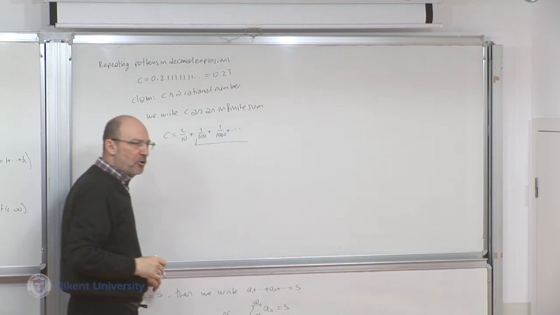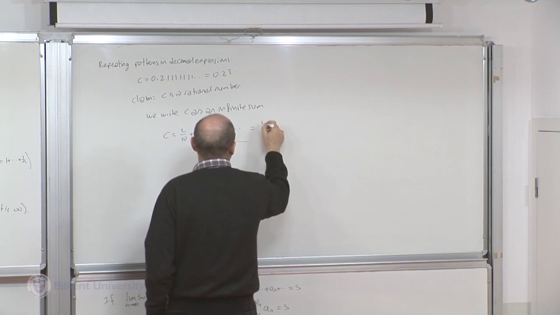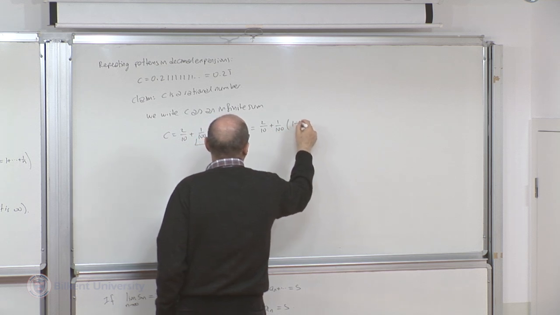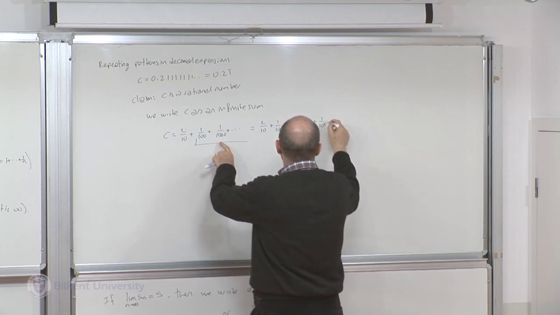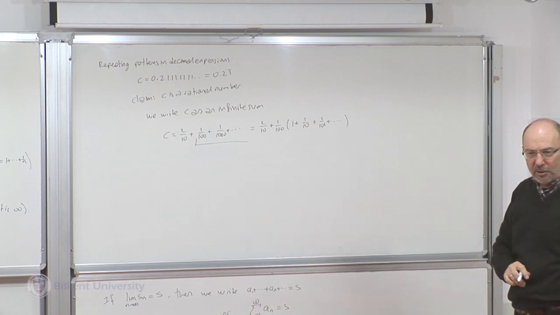We see that there's a geometric series here, so let's make that very apparent. 2 over 10 plus 1 over 100 times 1 plus 1 over 10 plus 1 over 10 squared plus something like this. Am I writing this correctly?